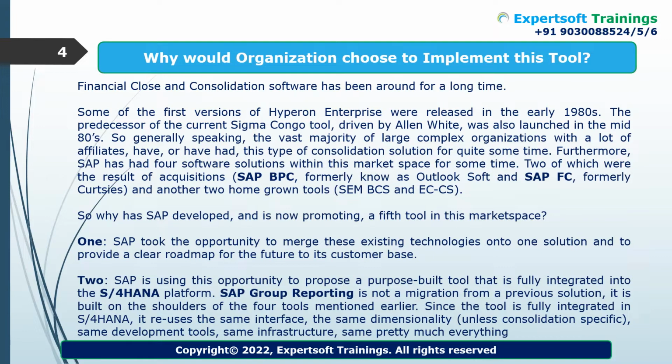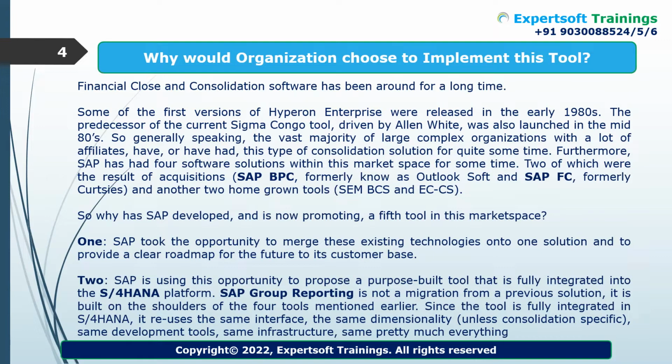And there are no migration tools from any other versions, right? Group reporting has to be implemented. You can't migrate to group reporting; you have to implement it. Is that correct? Yes, we need to implement. We cannot migrate directly from ECC to S4HANA.